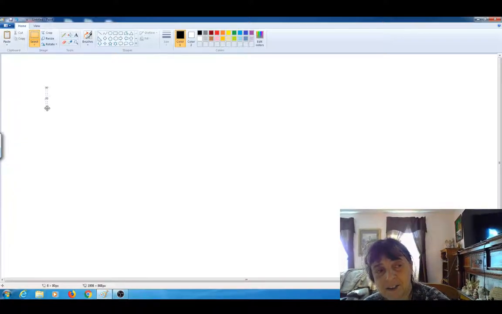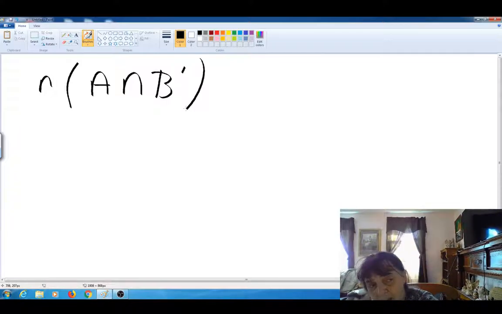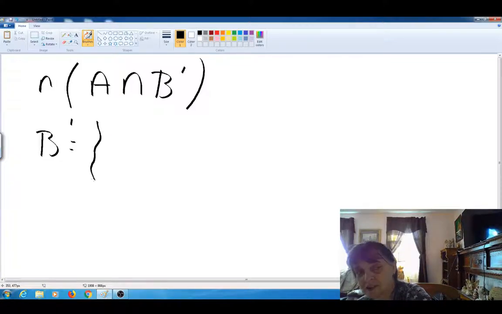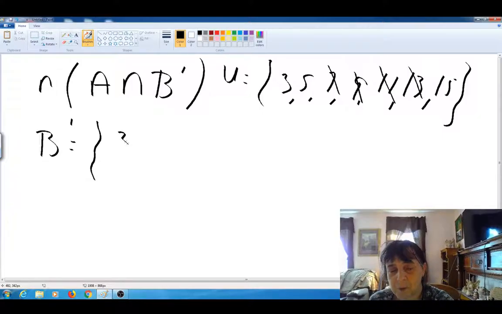Now it asks you to find the next part, the number of elements in the set A intersect B prime. Okay, B prime, you take all the elements of B out of U. U is 3, 5, 7, 9, 11, 13, 15. If you eliminate 7, 9, 11, 13, you have B prime as 3, 5, and 15.